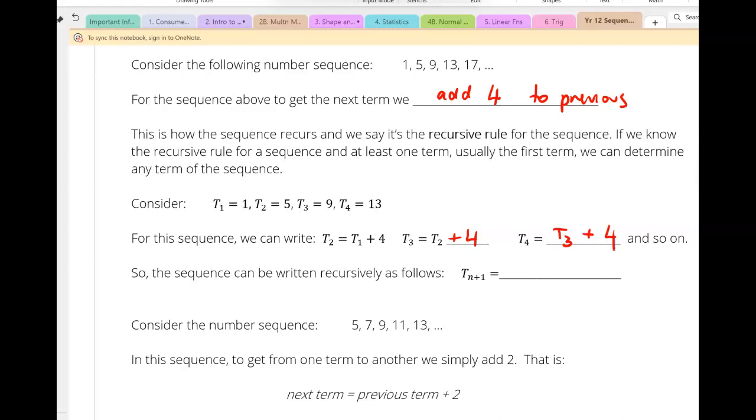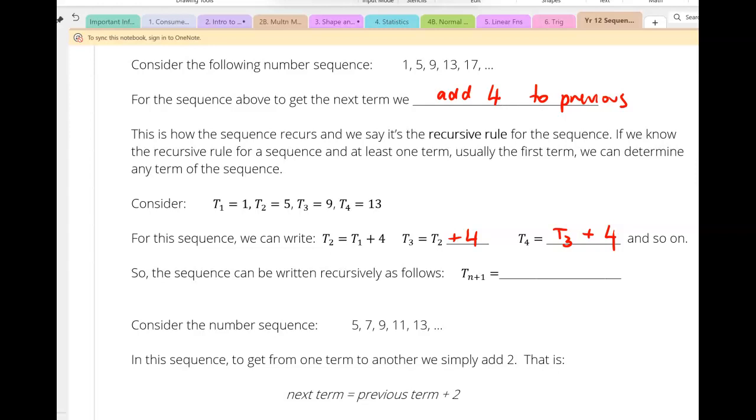So what I'm trying to get at here is that we're adding 4 to the previous term to get the next term. So that next term is one position more than the previous term. Term 2 is one position more than term 1, term 3 is one position more than term 2, and so forth.